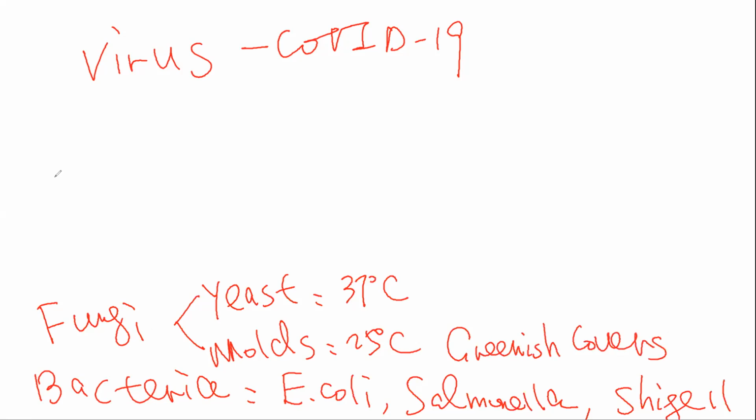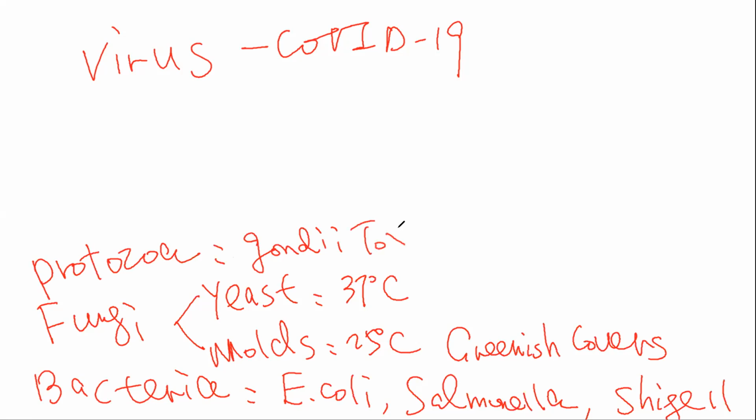Then we have another thing, which is called a protozoan, like Toxoplasma gondii, is that right? Toxoplasma gondii, which pregnant women should not be allowed to touch because it will cause miscarriage.